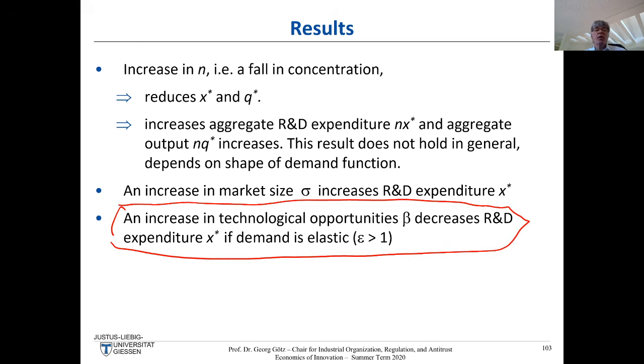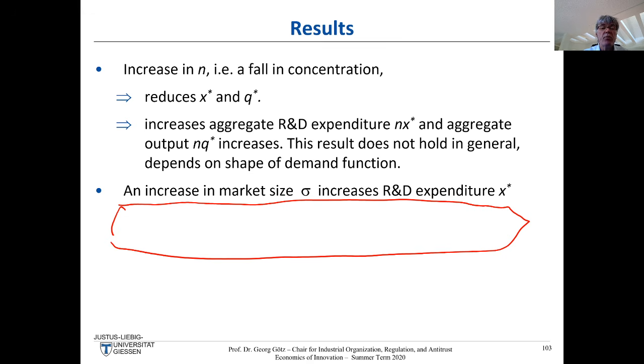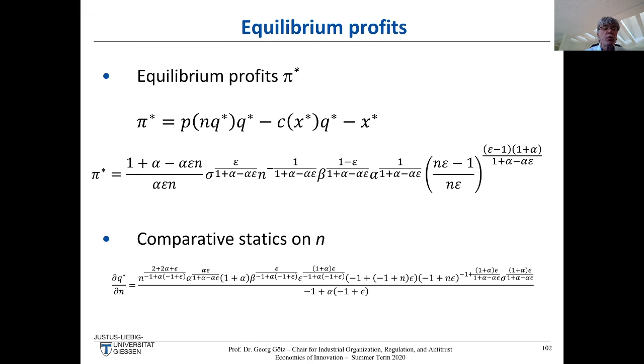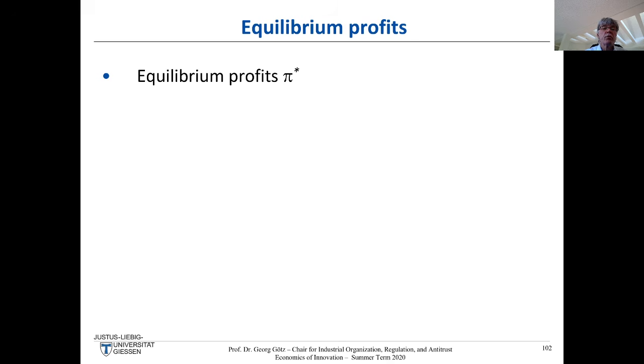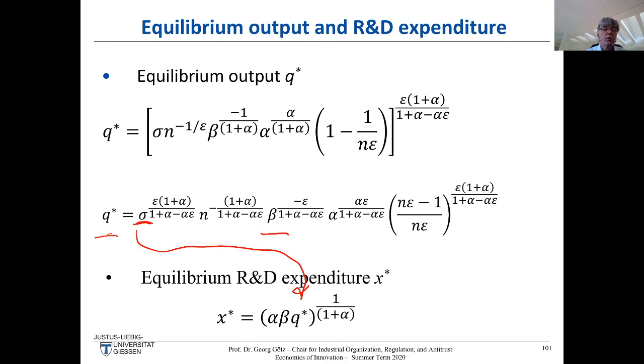An increase in technological opportunities beta decreases R&D expenditure if demand is elastic, that is, epsilon is greater than 1. That's what I want to show you right now, if I'm not again too impatient here. Yes, here we are. What you immediately see here, you have the minus epsilon. So if we increase beta, Q will go down. If we substitute the Q here, you get a beta here raised to the power of minus epsilon, and then you have this here.